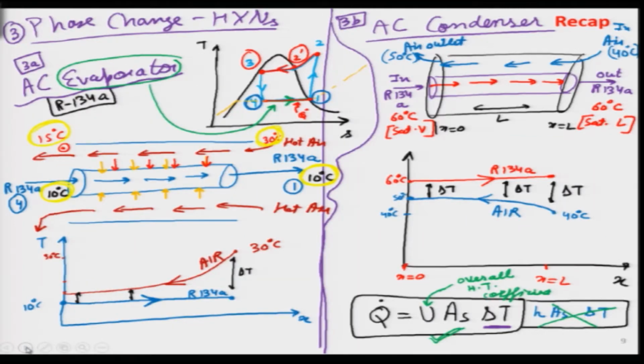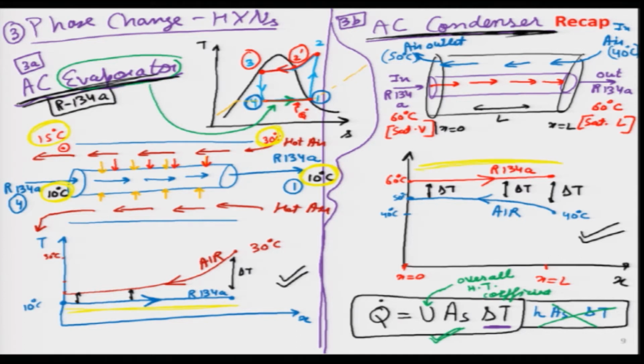The third type was phase change heat exchangers, where some sort of evaporation or boiling could be taking place like inside an AC evaporator, or some sort of condensation taking place inside a condenser. In both these cases, as shown here and here, the temperature of one of the fluids remains flat. So, we have a horizontal blue line over here and a horizontal red line over there.